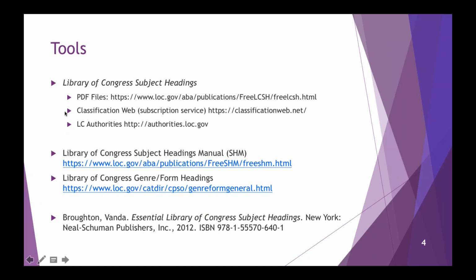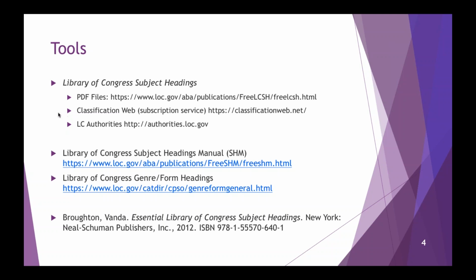And then if you subscribe to Classification Web, which is a tool that the Library of Congress supplies, you have access to all of those resources from that tool itself, and it also includes the name authority file as part of Classification Web. So everything you need is all right together there.